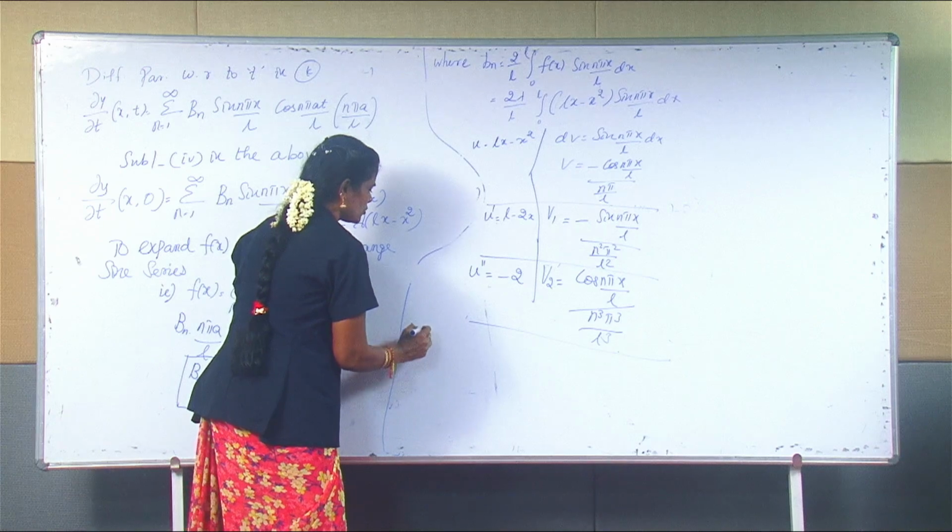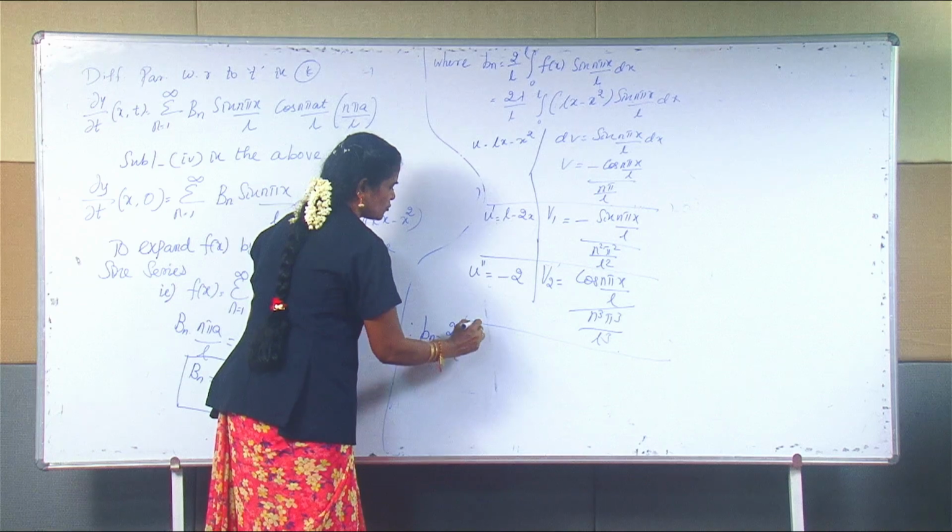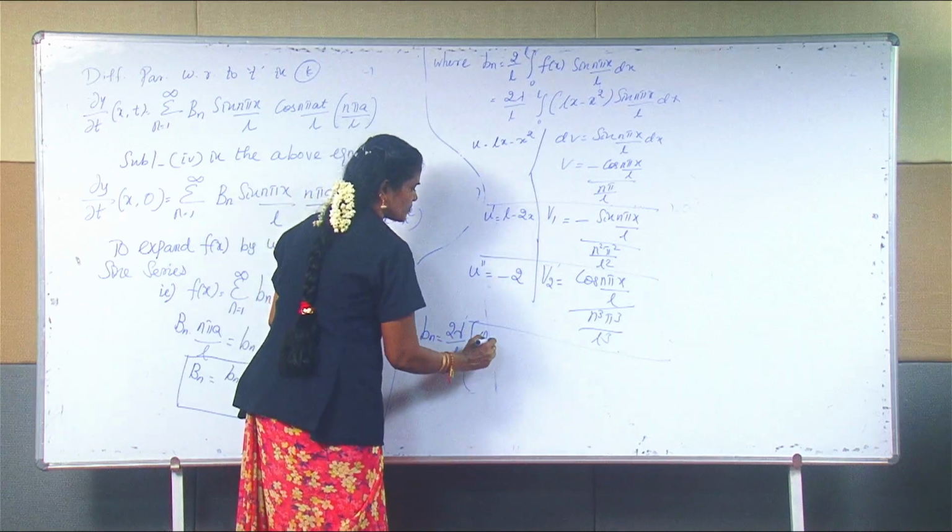Now you have to substitute in Bernoulli's formula. Therefore, the Bn value is 2 lambda by L into Lx minus x square.